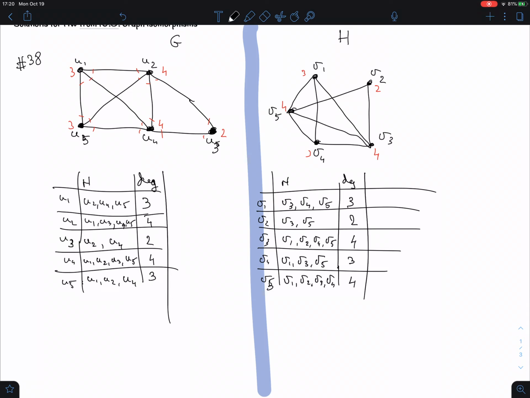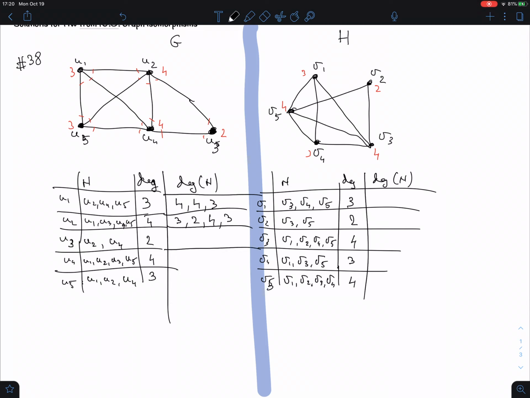So the next thing we need to do is the degrees of the neighbors. Remember, this was the neighbors, and now we get the degrees of the neighbors. Let's see, U2 has degree 4, U4 has degree 4, and U5 has degree 3. All right. U1 has degree 3, U3 has degree 2, U4 has degree 4, and U5 has degree 3.